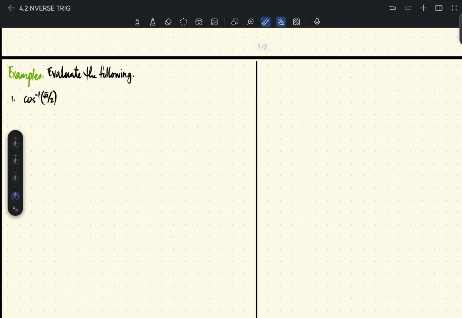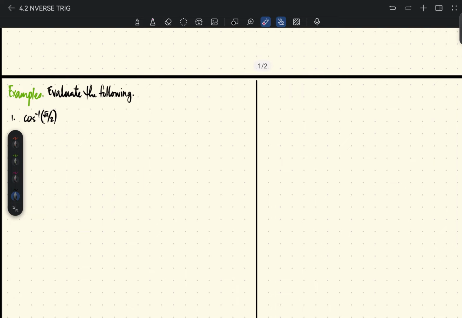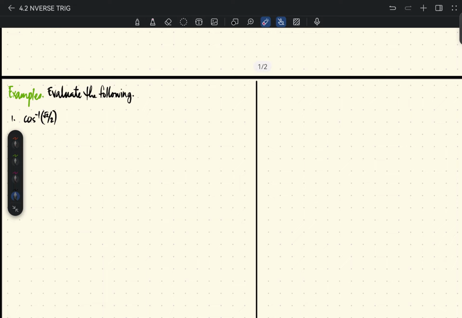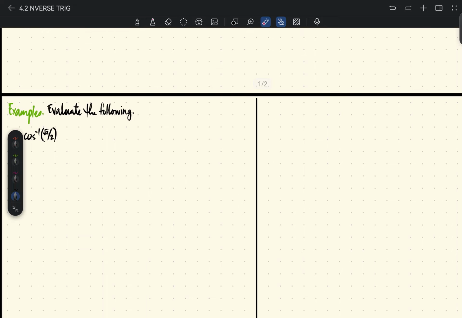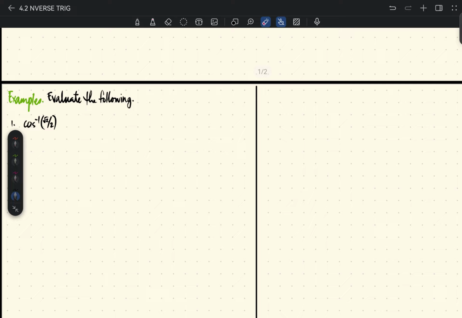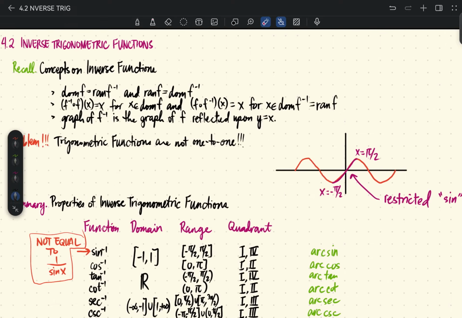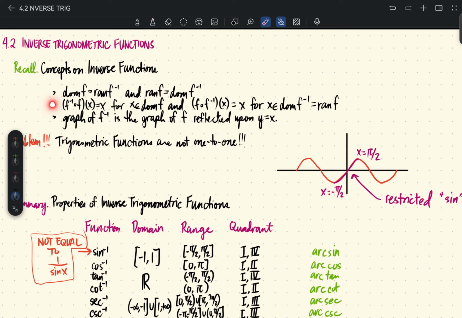So how do we evaluate inverse trigonometric functions? One good method that you can do here is equate this to a certain variable, then apply this property right here involving inverse functions.